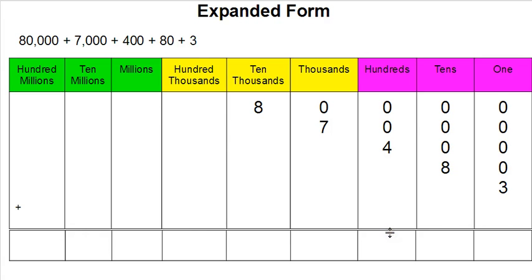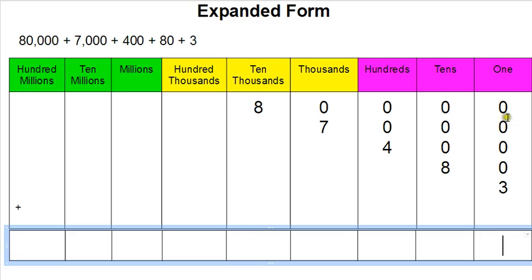Now the nice part about this is I have all of my ones lined up, all my tens, all my hundreds, all my thousands, all my 10,000s. It's really easy to add those up. 0, 0, 0, 0, 3. 0, 0, 0, 8. 0, 0, 0, 4. 0 and 7.